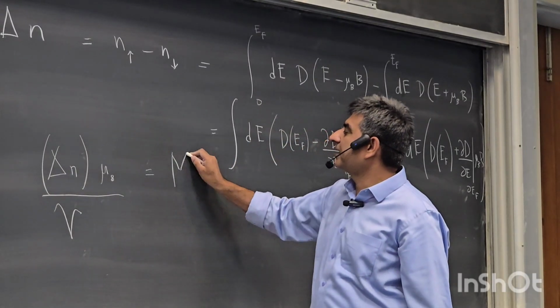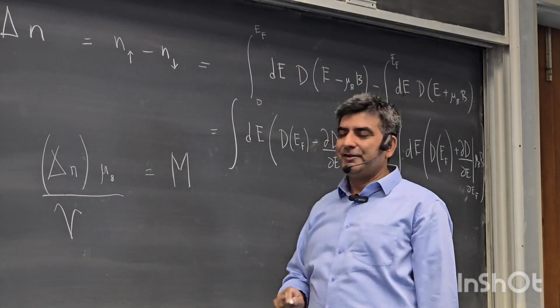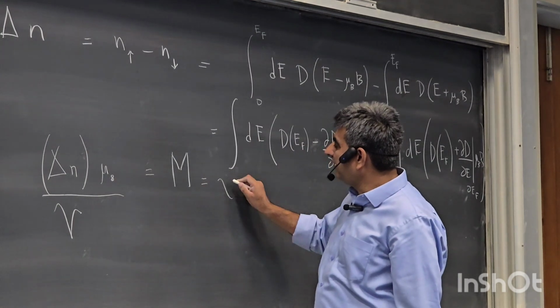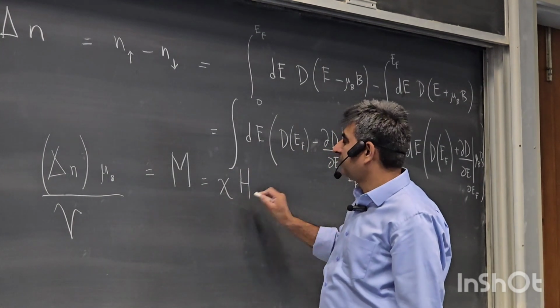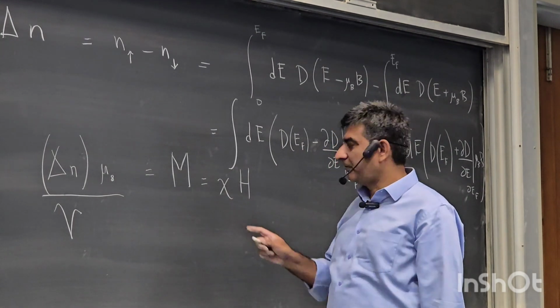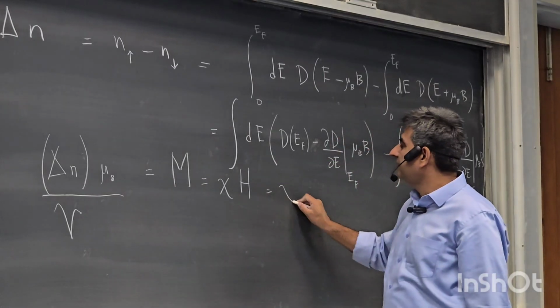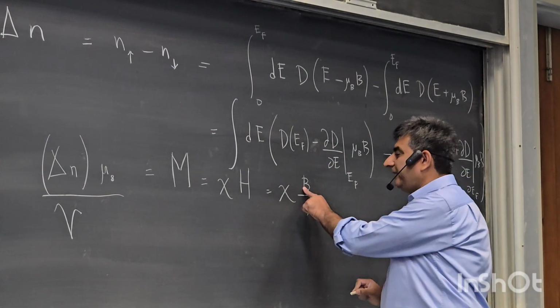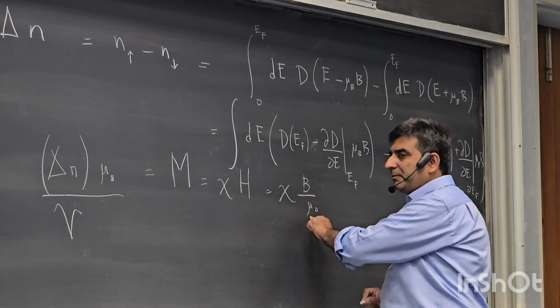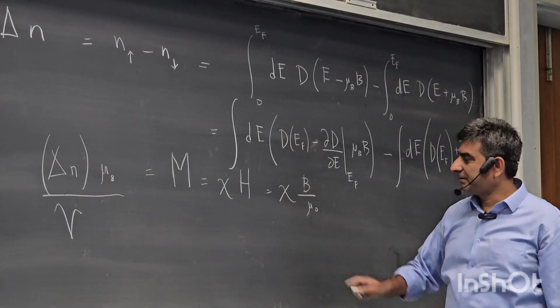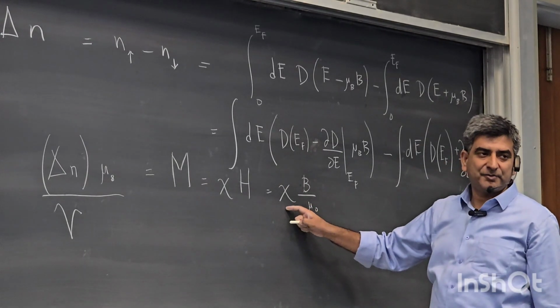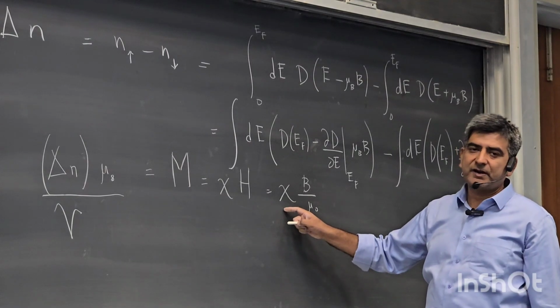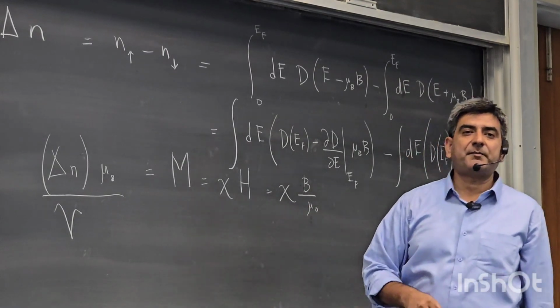This will give you the magnetization of the solid. You put this equal to chi H, where H is given by B over mu naught. B is the applied field and H is B over mu naught. Mu naught is the permeability of free space. You can calculate what chi is going to be. Chi will be independent of temperature and inversely proportional to the Fermi temperature.